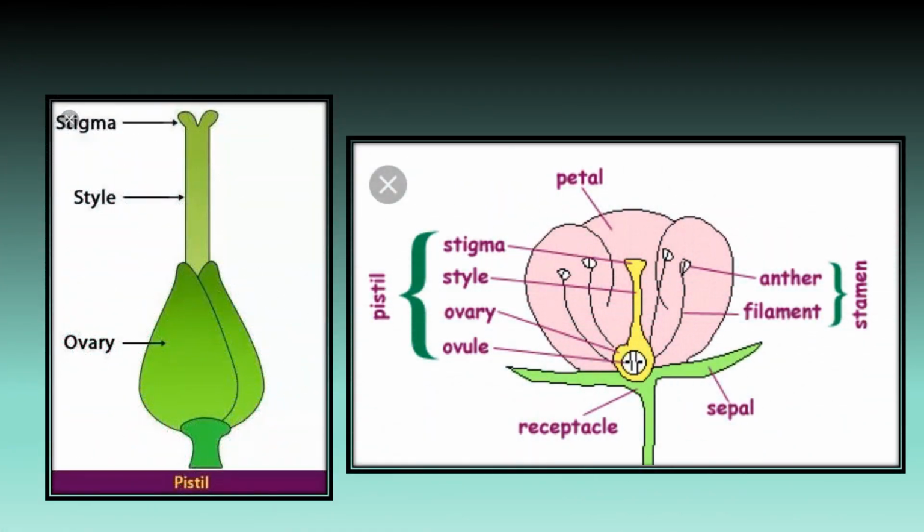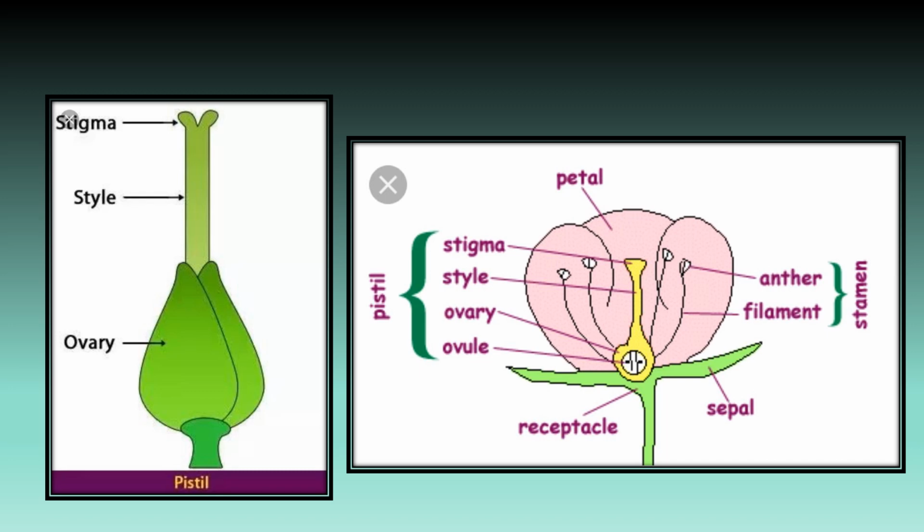After removing all the stamens from the flower, we will see the innermost flask-shaped part of the flower. Okay, this is called the pistil, which is actually the female reproductive part of a flower. For reproduction, two parts are required, a male part and a female part. So which one is the female part? This is the pistil.